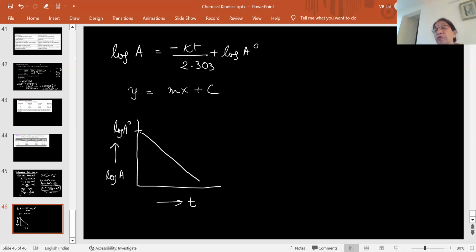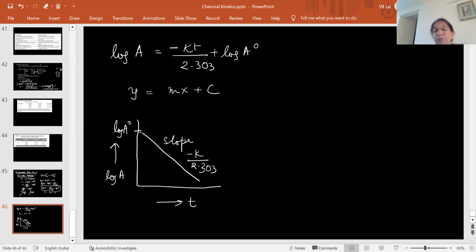And the slope of this line will be what? The slope of this line will be minus k upon 2.303.